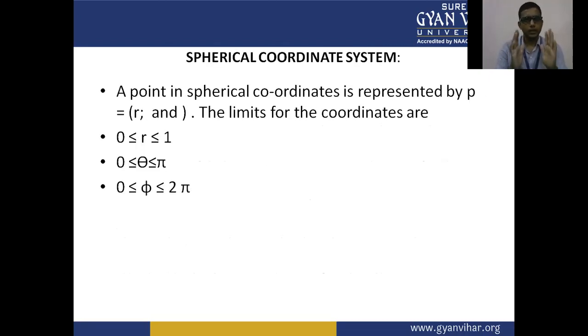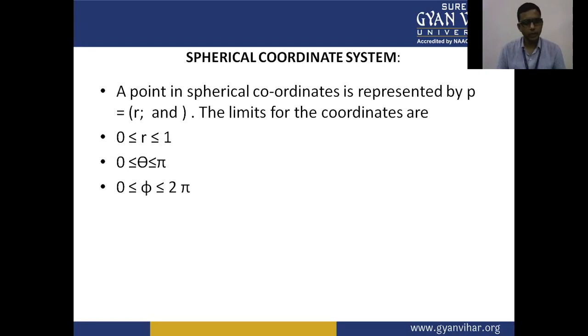The point in the spherical coordinate system is represented by P equal to (r, theta, phi), and the limits for the coordinates are as follows. R varies from 0 to infinity. The lower limit of r is 0 and the upper limit is infinity. Next is the angle theta.